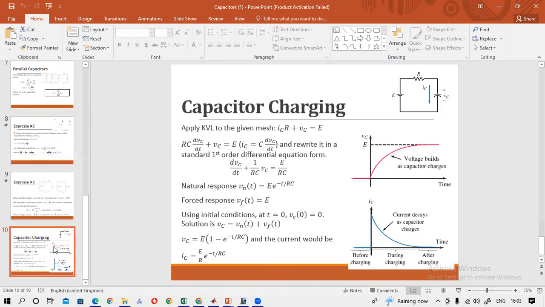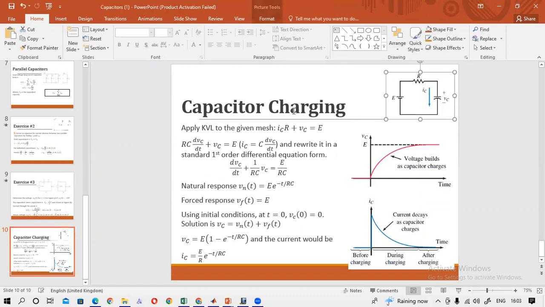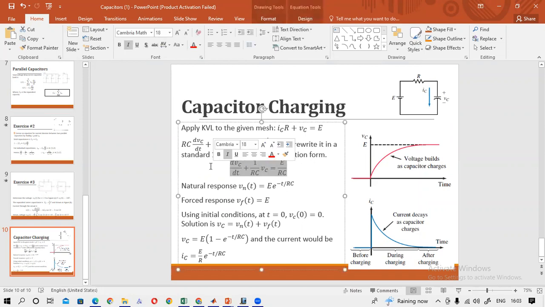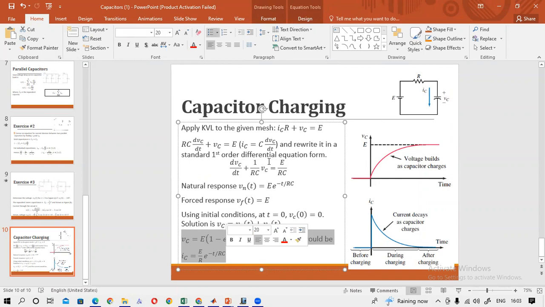And finally we have to consider capacitor charging. We have already discussed these things, but when we find the capacitor charging, we have to get a differential equation. It is a first order differential equation, and you have to solve it and you can get this value.